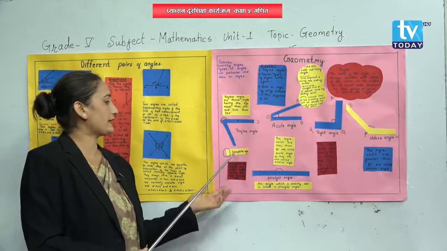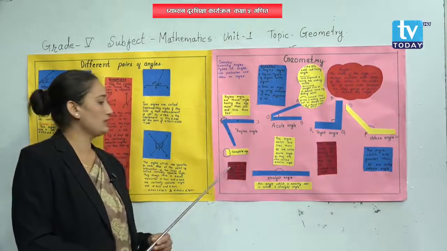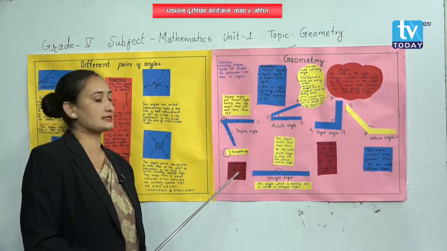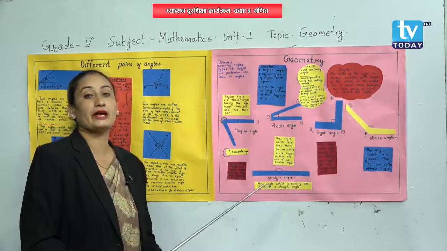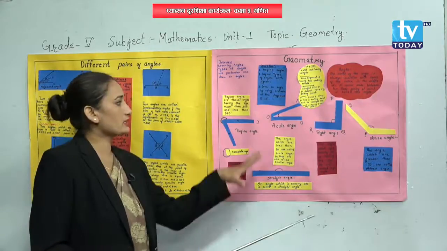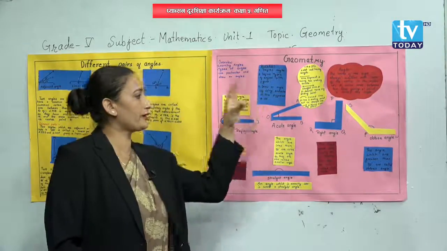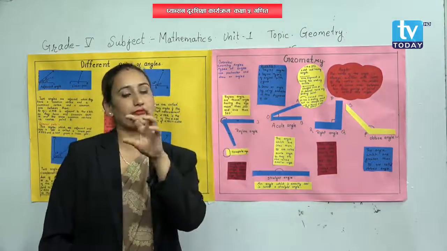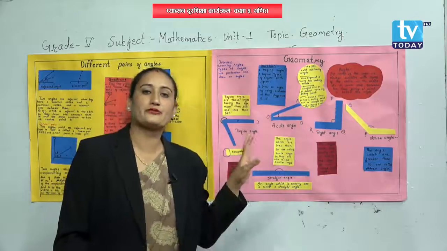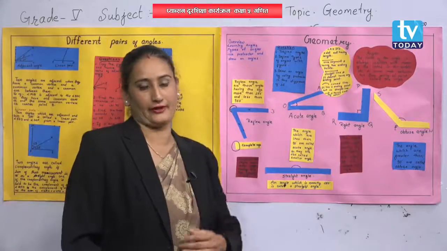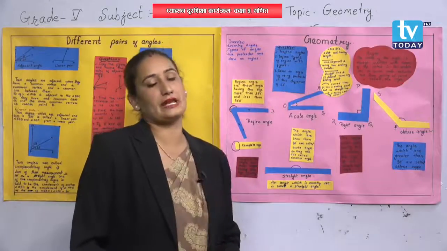Complete angle means a complete turn; complete angles are those having the size exactly 360 degrees. This is the review of grade 3 and 4 which is important for us in grade 5 as well. So you have to remember these things before starting the topic of grade 5. I hope you understand it very well.